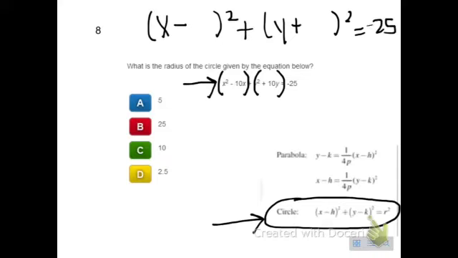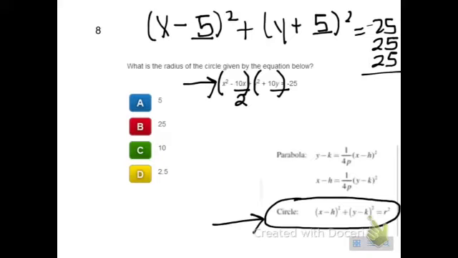Now in order to get the numbers that go here and here, I need to take half of my x terms. So if I take half of 10x, that gives me 5. And if I take half of 10y, that gives me 5. Now what I'm actually doing is adding these numbers to the left-hand side, so I need to add them to the right-hand side. So if I add 5 squared, that's 25, and I add another 5 squared, which is 25.